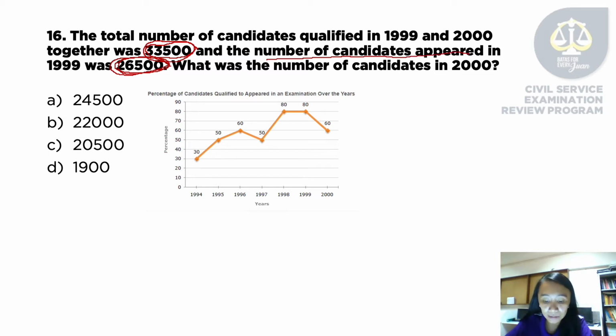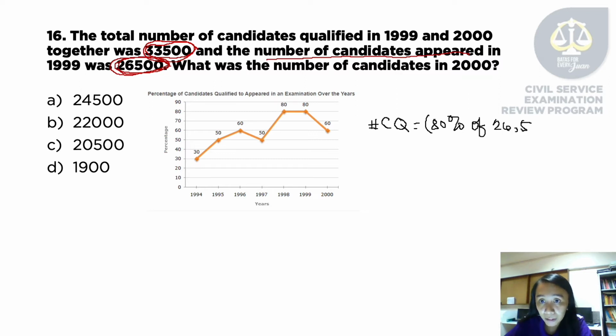Finding the number of candidates who qualified would give me the 80%, because 80% passed in 1999, and those who appeared in 1999 were 26,500.